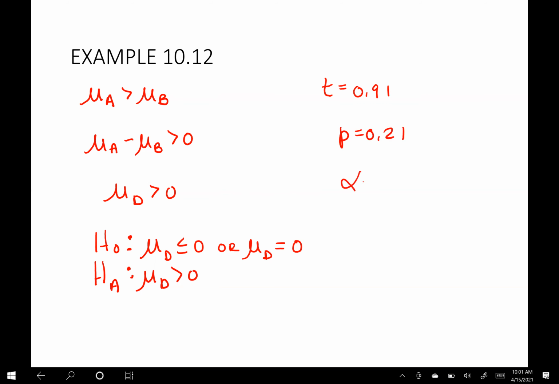So our alpha was 5%. Okay, so if the p is high, then you do not reject the null hypothesis. So what's that mean?